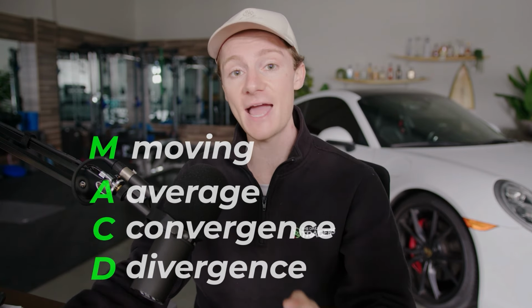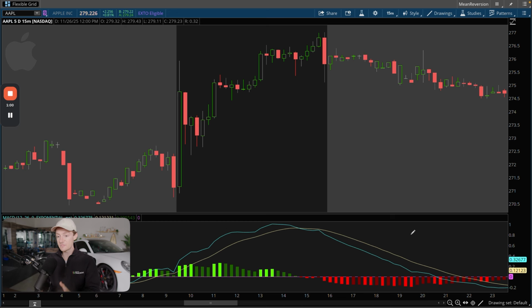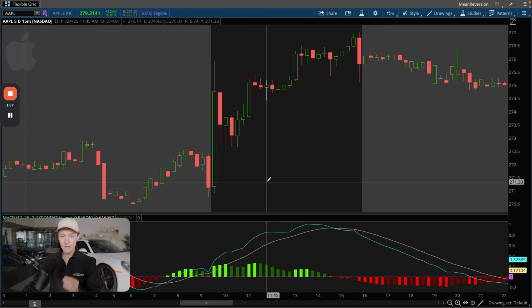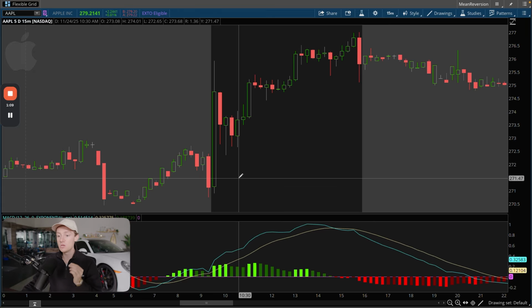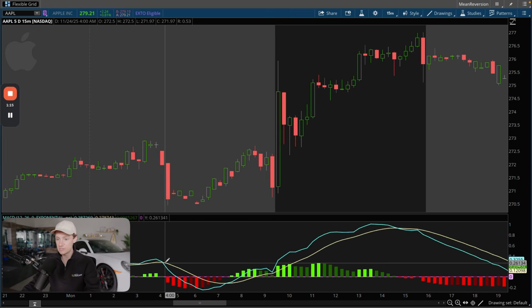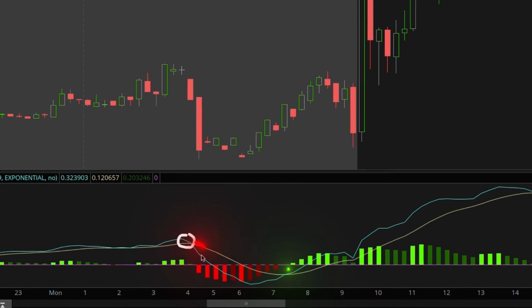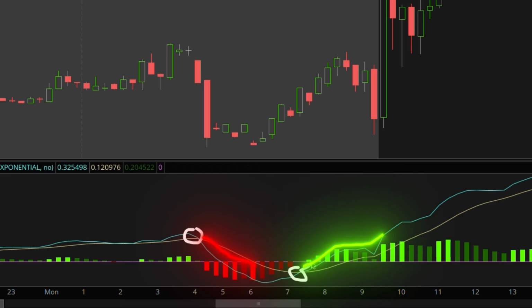So essentially, the MACD measures the moving averages, and it is going to visually show us where we can enter and exit on a chart. So what we're going to do specifically is pull up any stock, and look for charts that right before market open show the MACD crossing. The MACD is either going to cross, and you can see here on my chart, over to the downside or under to the upside.